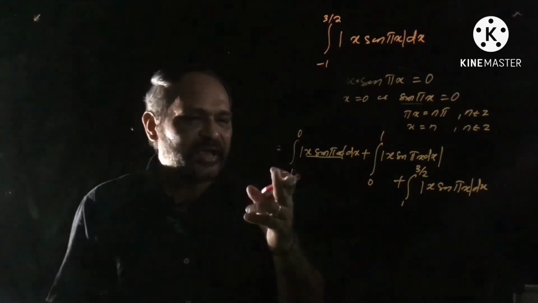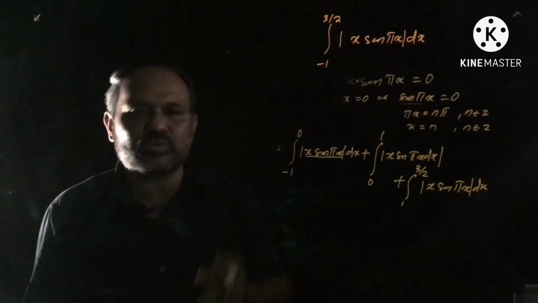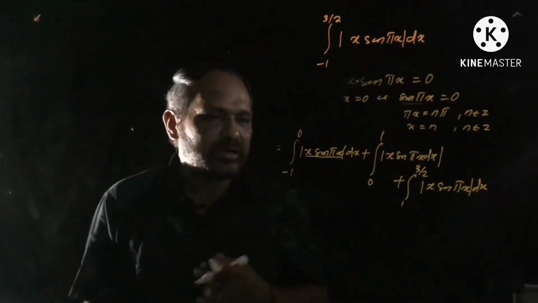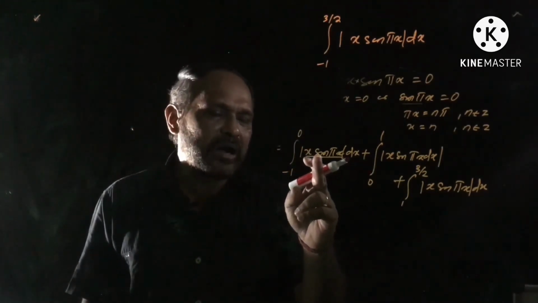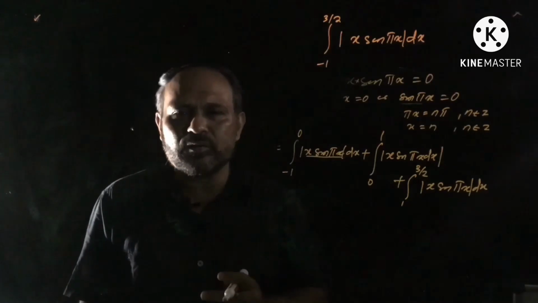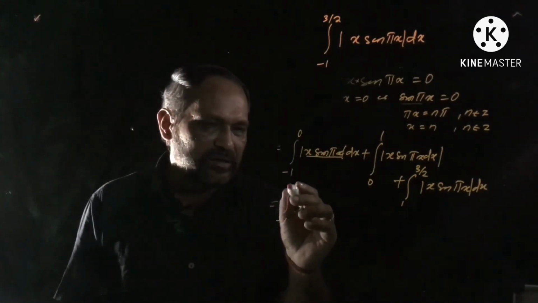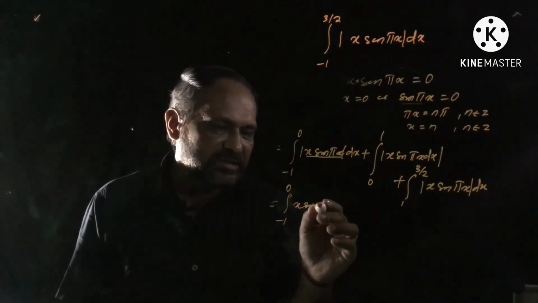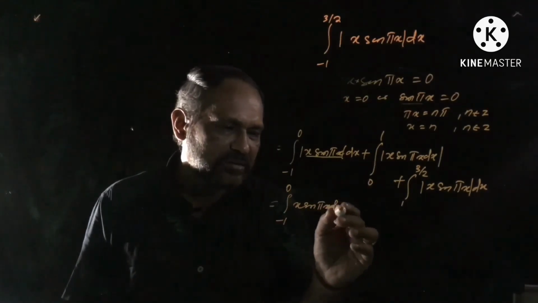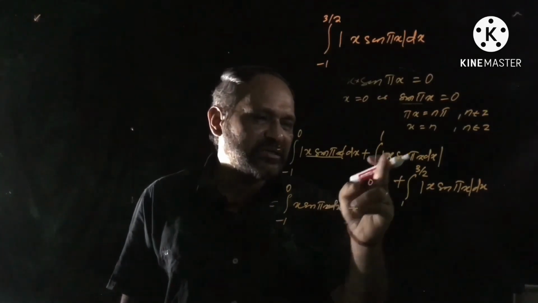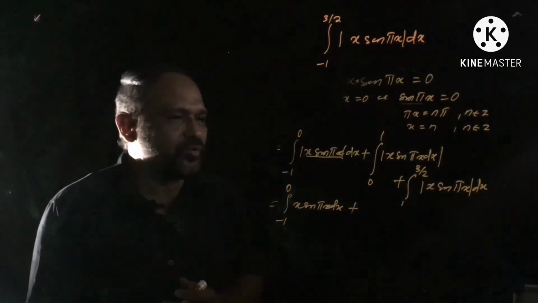Now we have to check any number between minus 1 and 0. If we take x is equal to minus half, that is minus half times sin of minus pi by 2, which is minus times minus, positive. So we can write this as integral from minus 1 to 0 of x sin pi x dx. Similarly, here we cannot take x is equal to 0 or x is equal to 1.